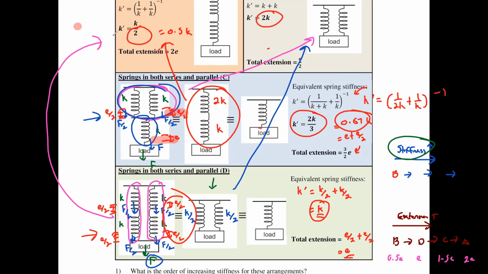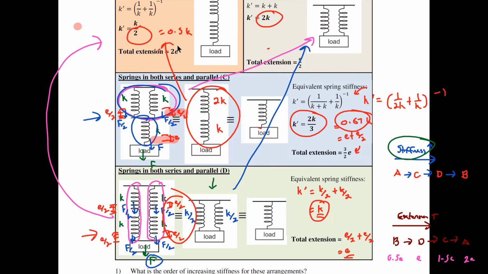So which one is actually the smallest stiffness? The smallest stiffness is actually A. Okay, A going to C and then going to D and then lastly going to B. Okay, now this is correct.